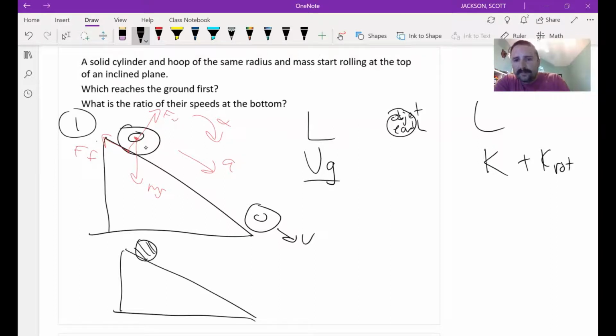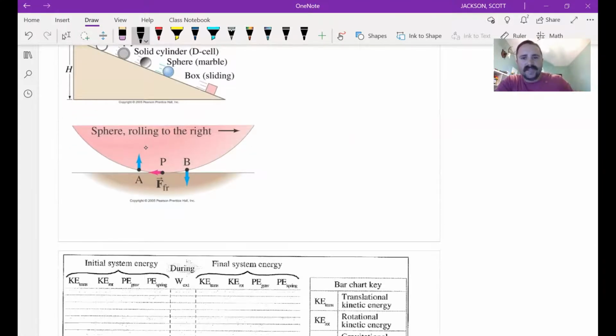Now, typically before, when there was friction, we had work due to friction either going in or out of the system. But the interesting thing here is work from, how can I write that? Force of friction static equals 0. Why? Because we saw earlier that static friction only changes direction.